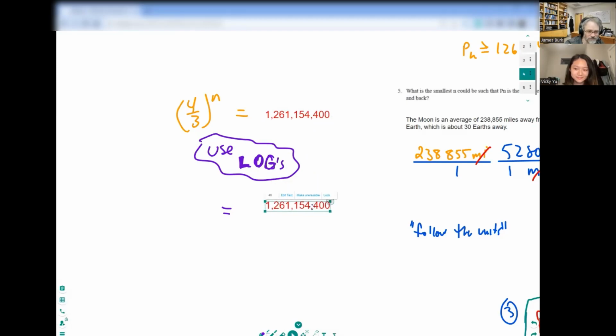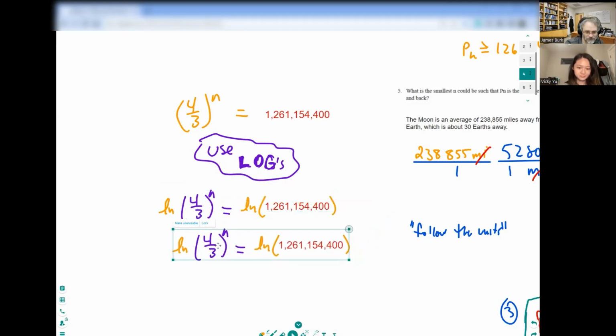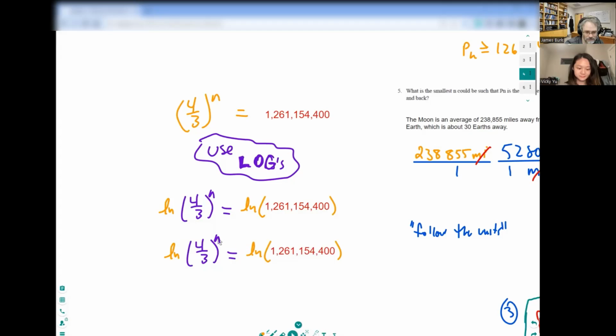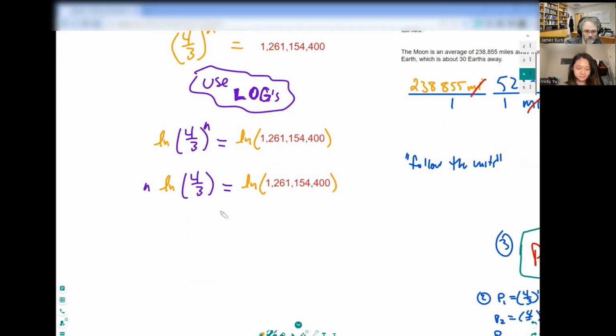Is it the addition property? Subtraction property? I forget. The exponential property. Because what if I took the natural log of both sides? Then how do I solve from here?